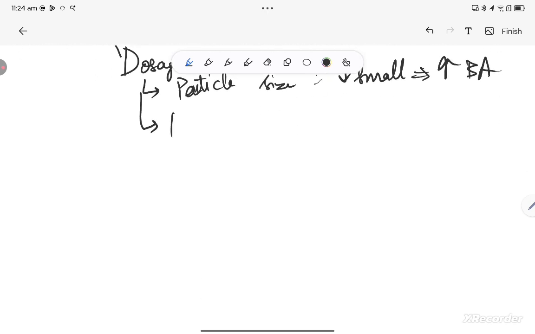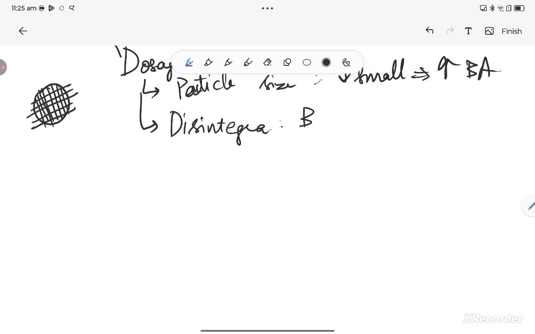What I mean by disintegration time is, let us say a particle must be broken down into finer particles. Yes or no? This breaking down time is called as disintegration time. Clear?